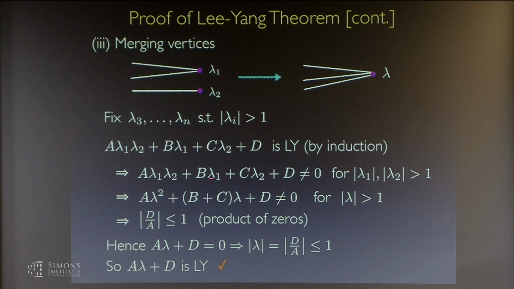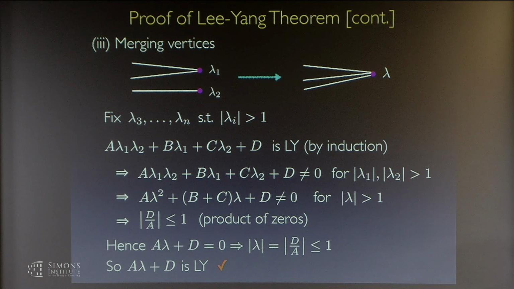Now we're interested in the case where lambda 1 and lambda 2 are going to be merged, so they'll have a common value lambda, so we'll make that substitution. So we certainly know from this fact that this doesn't have any zeros if lambda's outside the unit circle.